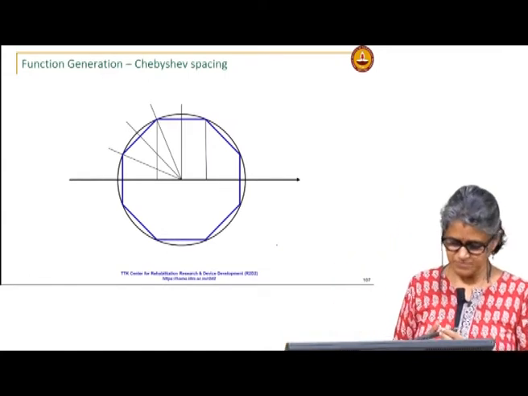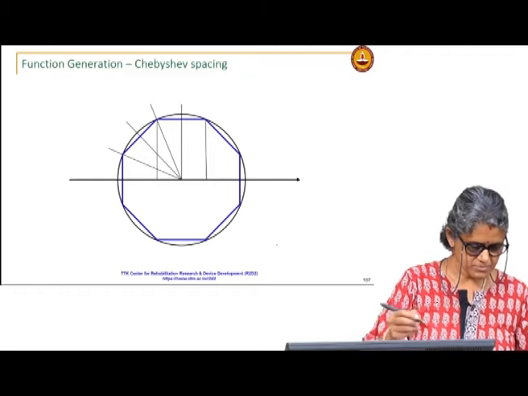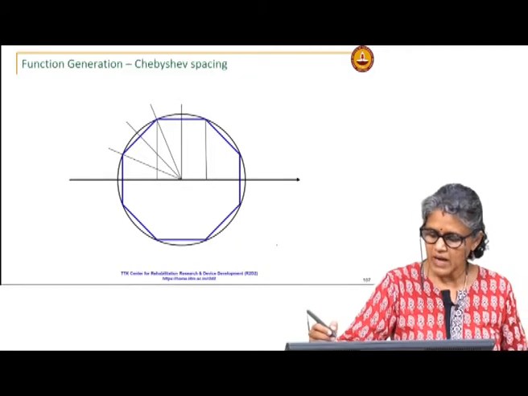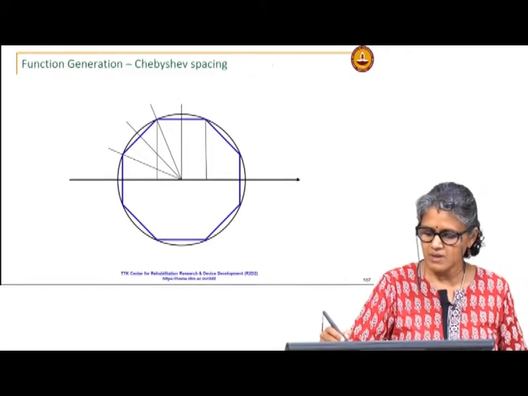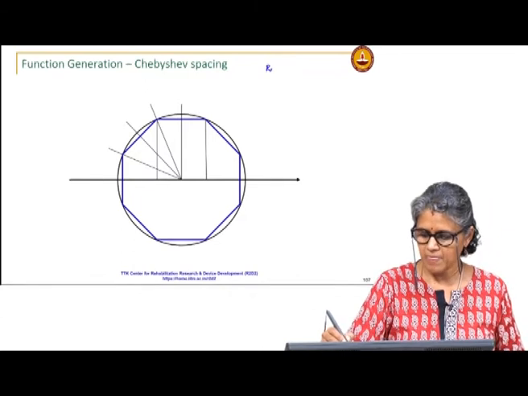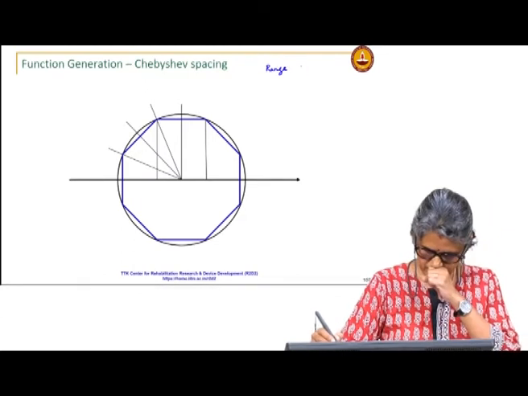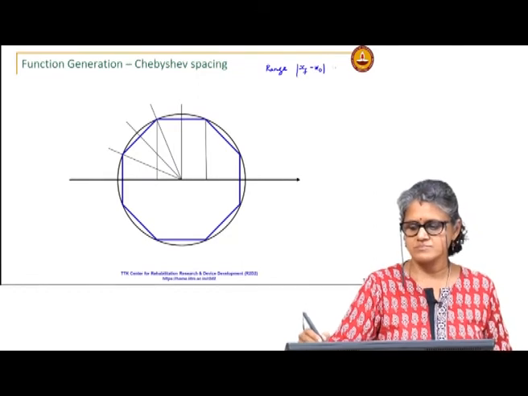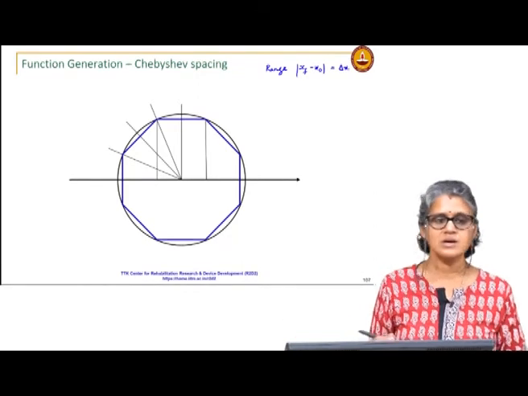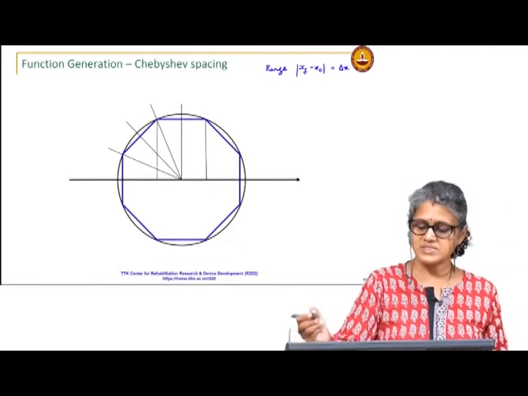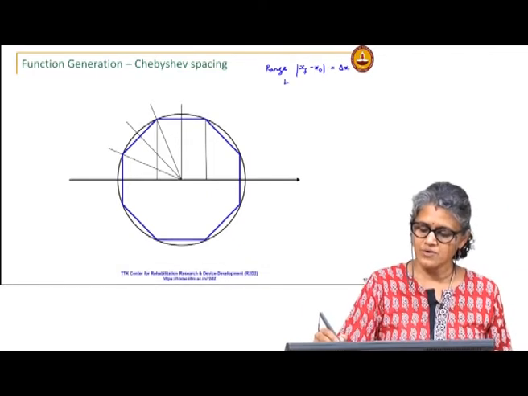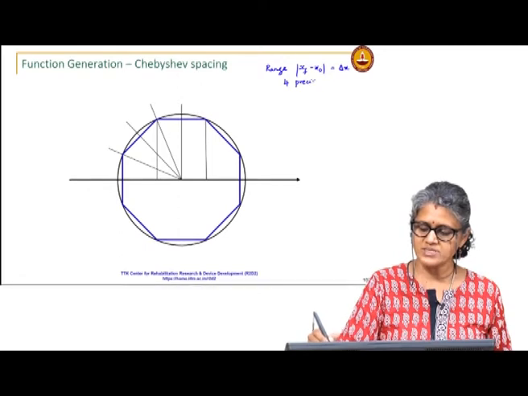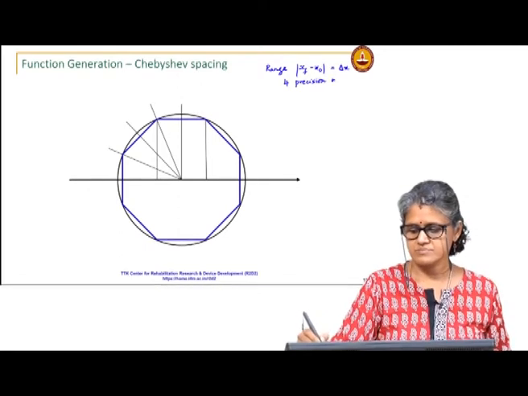Let us say I have a range xf minus x naught, and I want to determine 4 precision points in this range.